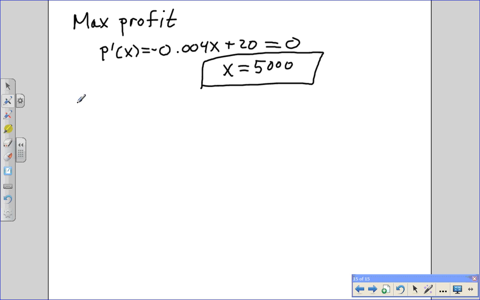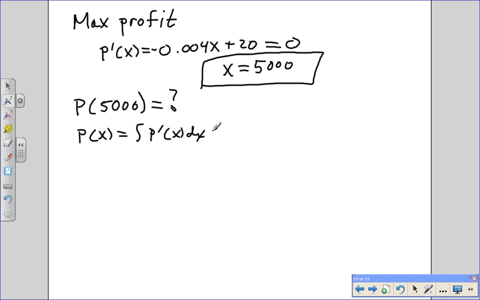Then you want to find out what is the maximum profit. So you need P of 5,000. To do that, you need a profit equation. And so P of x is the integral of P prime of x, which is the integral of negative 0.004x plus 20 dx.